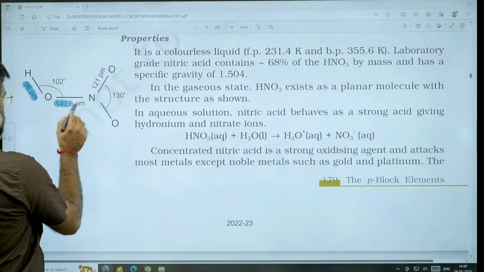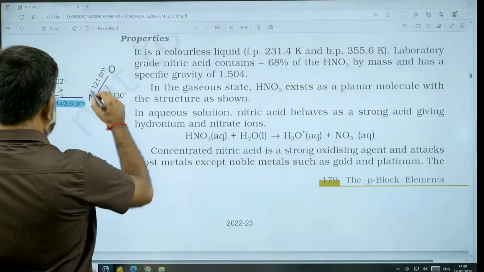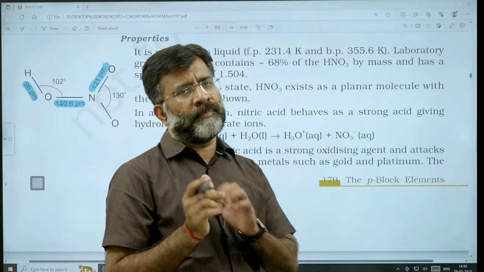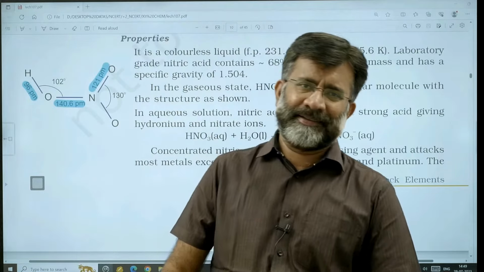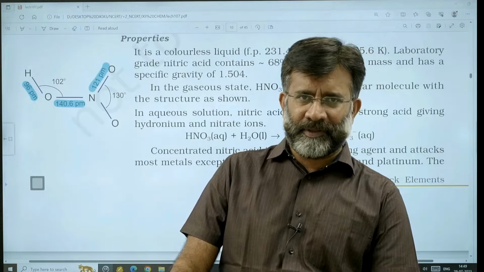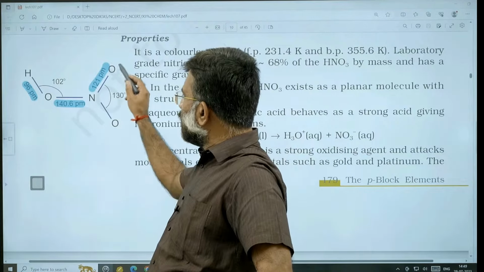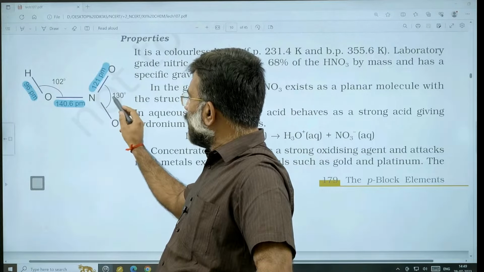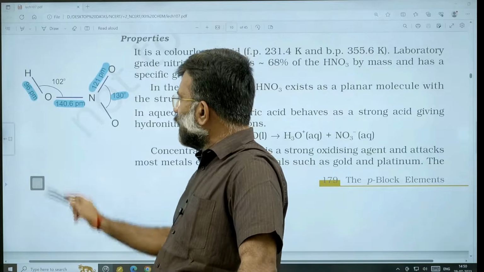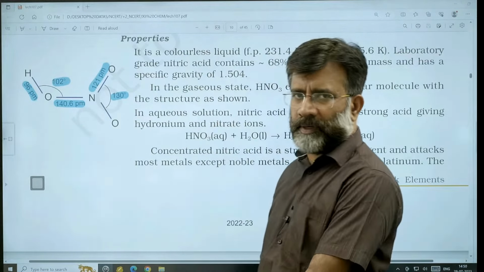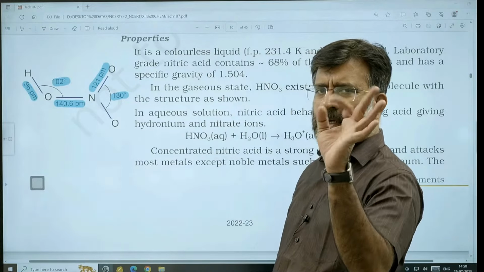The NO bond lengths here are 141 and here 121 picometer. Once again, there are two different types of oxygen present in the nitric acid molecule. The nitrogen-oxygen bond here is 121, bond angle 130 degree, here it is 102 degree and 141 picometer. Planar molecule, sp2 hybridized.